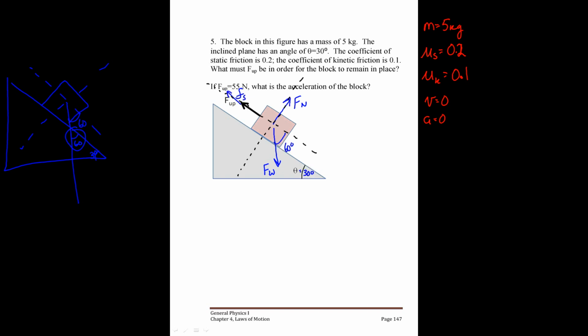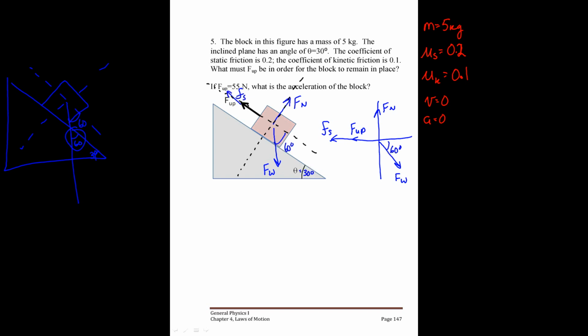All right. So what does F up need to be in order for the block to remain stationary? Let's draw a vector diagram. Actually, no, I'll go ahead and write out all the vectors. So I have F n, F up, and Fs. And then I have Fw over here, but it's not on the x or y axis.